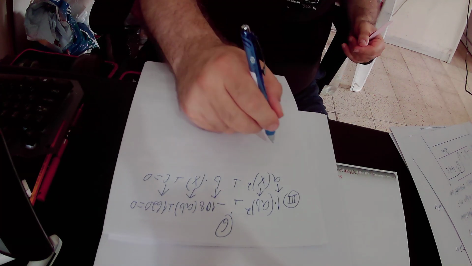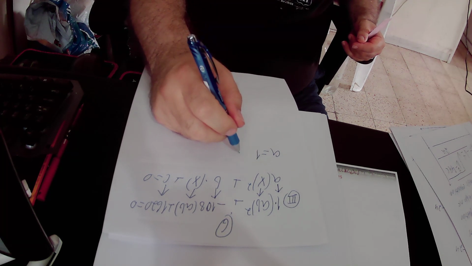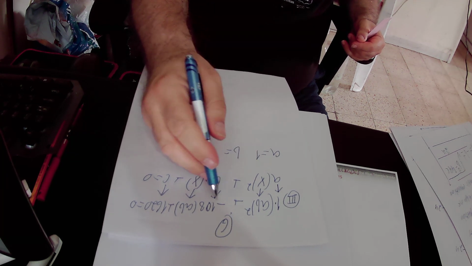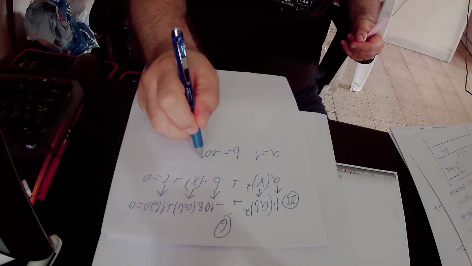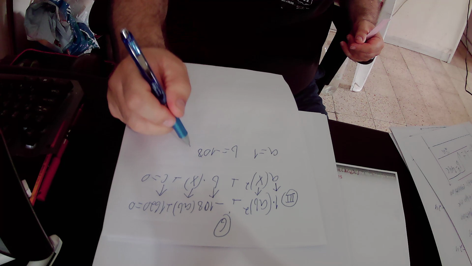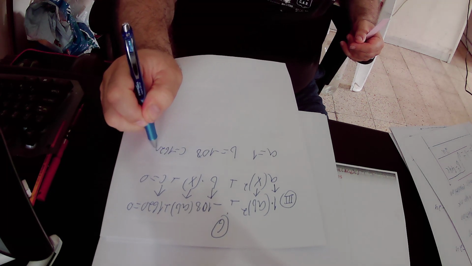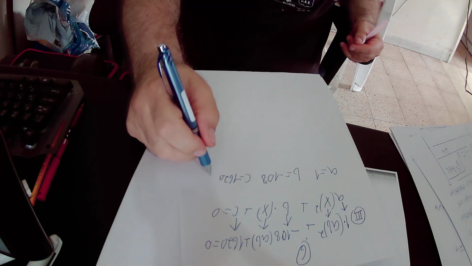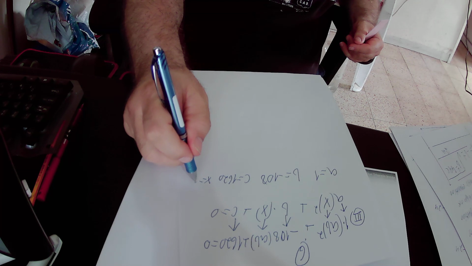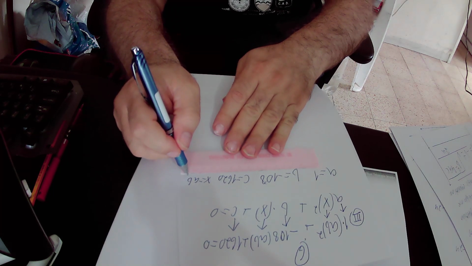We found out that A equals 1, B equals negative 108, and C equals 1620, and X equals AB. Okay?